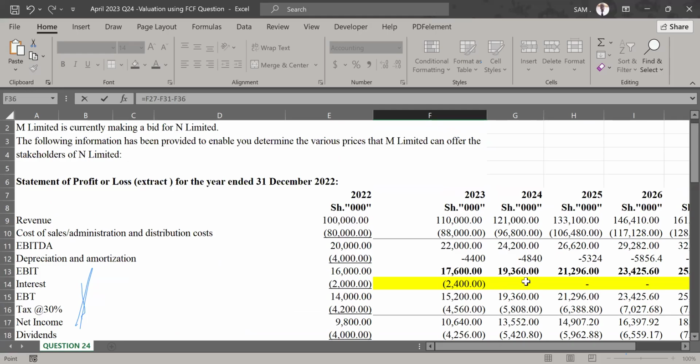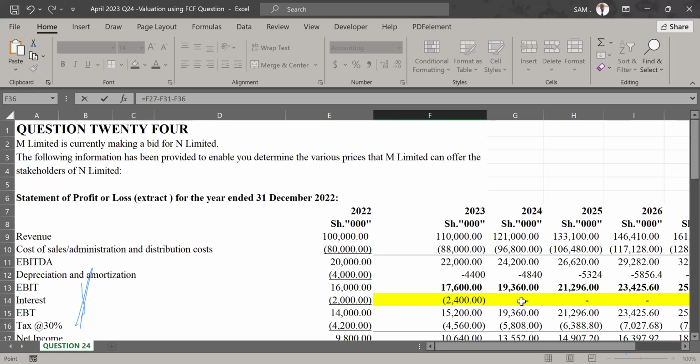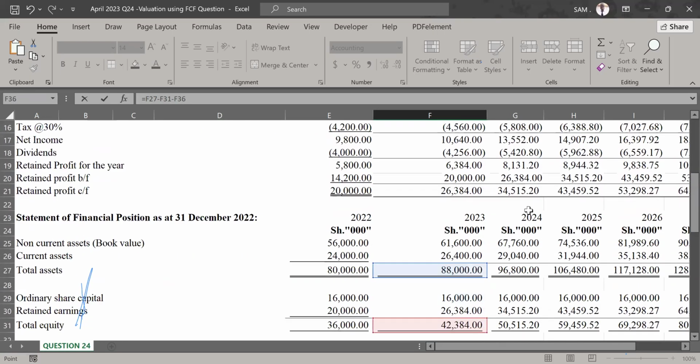The value here is coming in because interest in 2024 will be 10% of long-term debt in 2023. I hope we are getting it. So it is the value of long-term debt in 2023 that we are computing. And once we have it, the system will compute 10% of it and bring it here as interest. And when that is done, it will change our retained profit carried forward.